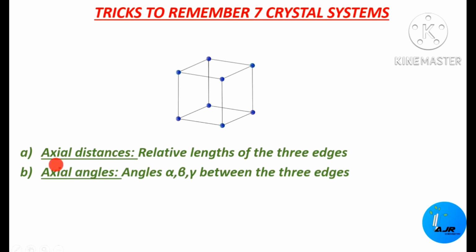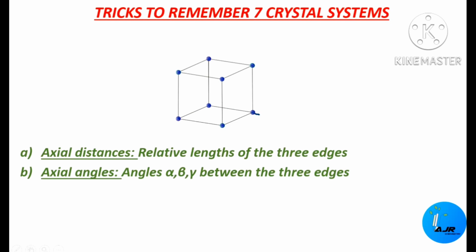Okay, so what do you mean by axial distance? See, this is the unit cell, and these are the edges, right? So the relative lengths of these 3 edges are called the axial distances. This is one axial distance, this is another axial distance, and this is the third. So let me give the naming here.